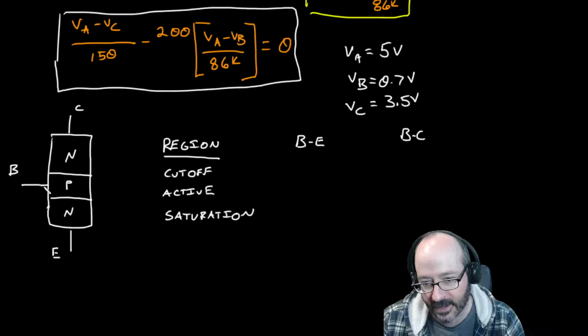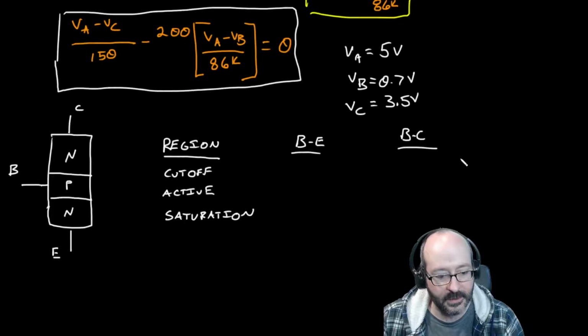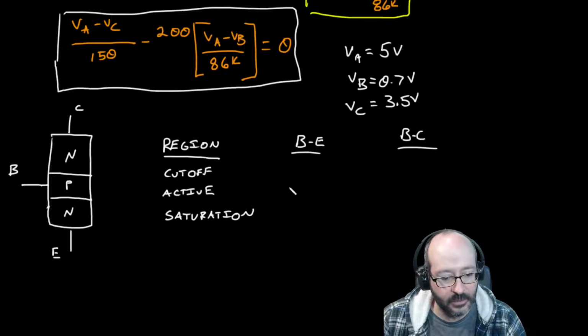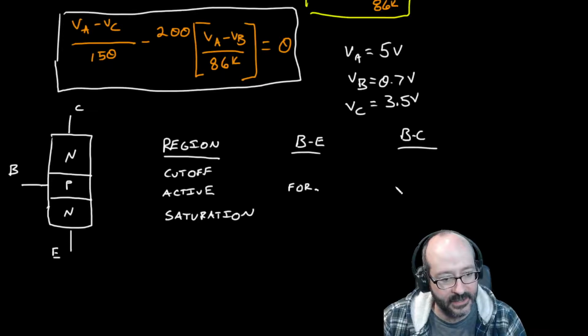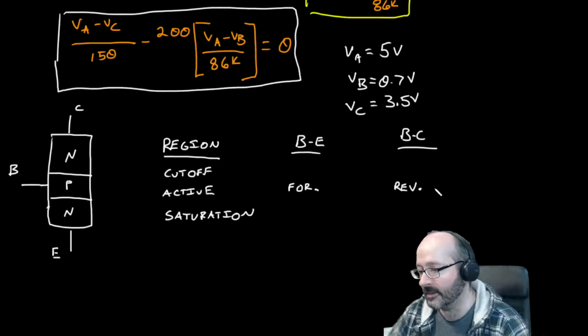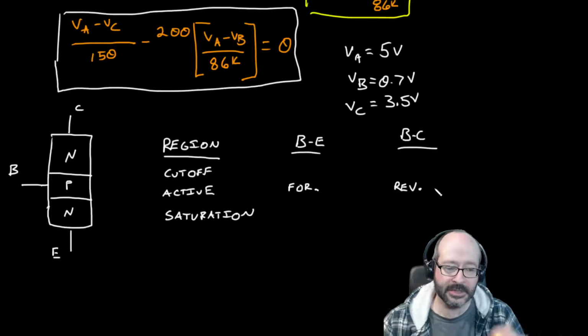So I'm saying from this P to this N, what's the voltage? And from this P to this N, what's the voltage? For active, we want to see that the base emitter junction is forward biased, and that the base collector junction is reversed biased.